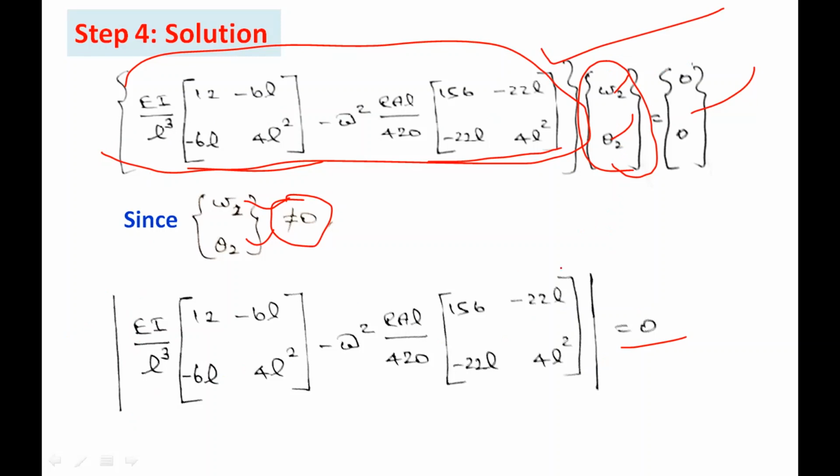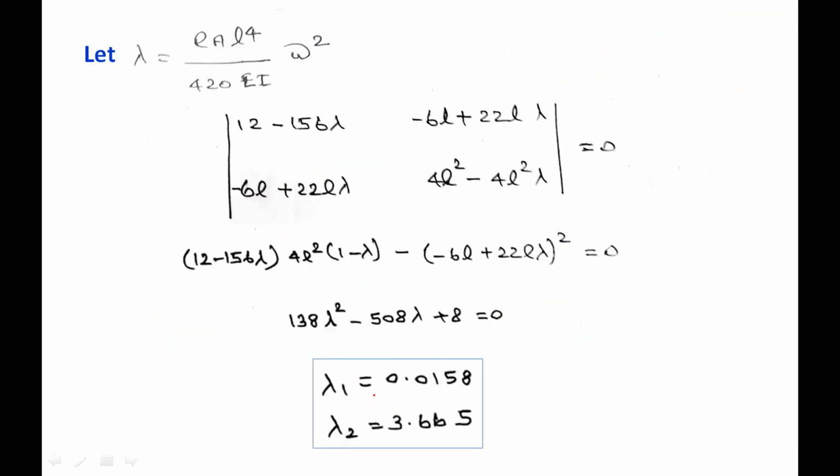Now this is the determinant of this one. We are going to take EI by L cube and divide this whole equation by EI by L cube, so you will get EI by L cube in the denominator. Then we are going to assume the total term as lambda, then only we are able to solve this equation. Taking lambda equal to rho AL power 4 omega square by 420 EI, this is taken as lambda.